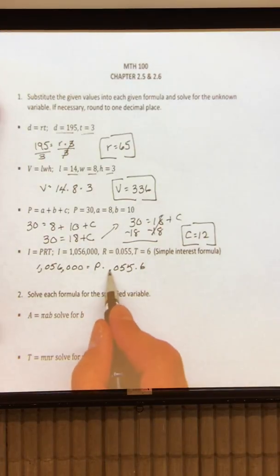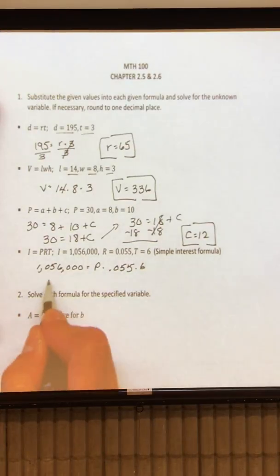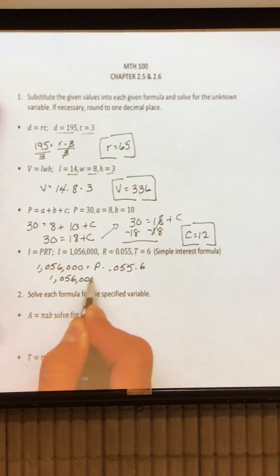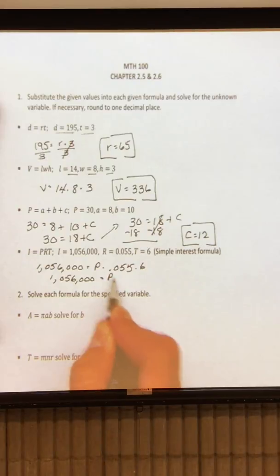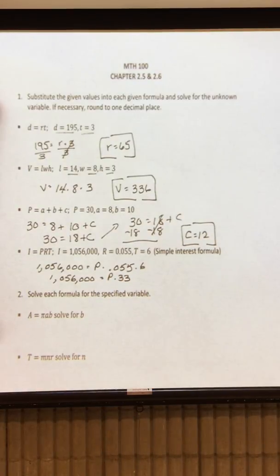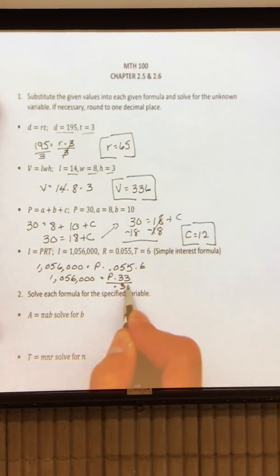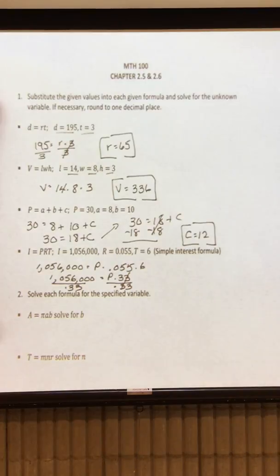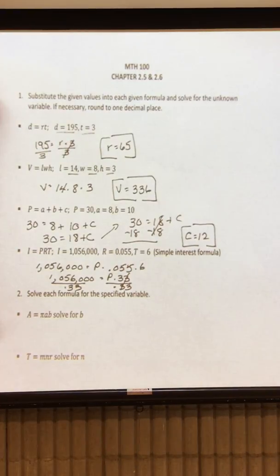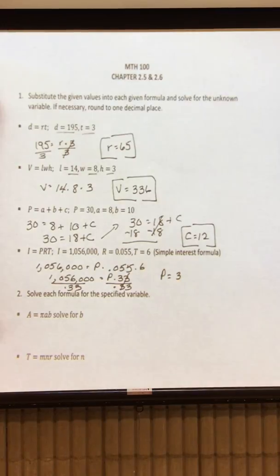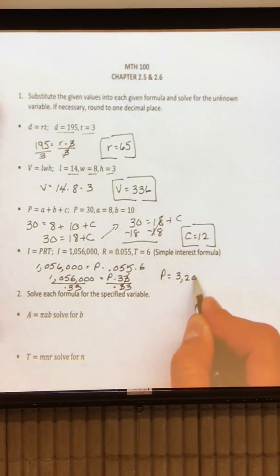So multiplying 0.055 times 6, we have 1,056,000 is equal to P times 0.33. Solving for P, we divide both sides by 0.33. And 1,056,000 divided by 0.33 is equal to 3,200,000.